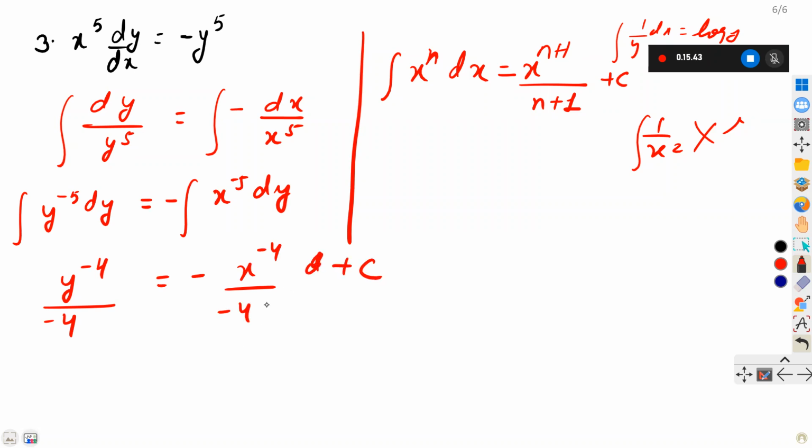So this minus cancels out, and we can multiply the whole equation by minus 1 to get y raised to the power minus 4 equals x raised to the power minus 4. Actually minus 4 and 4 will cancel out. We have 4 here also, so it will just be minus 4 plus c.